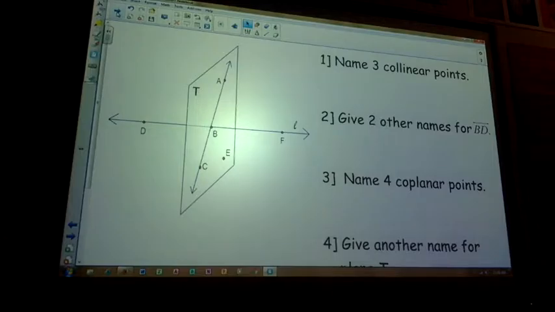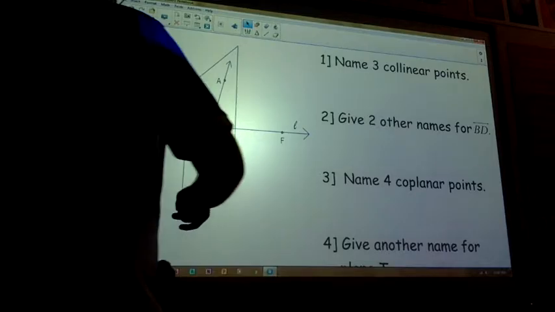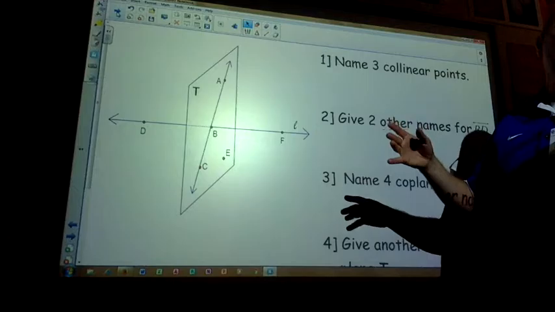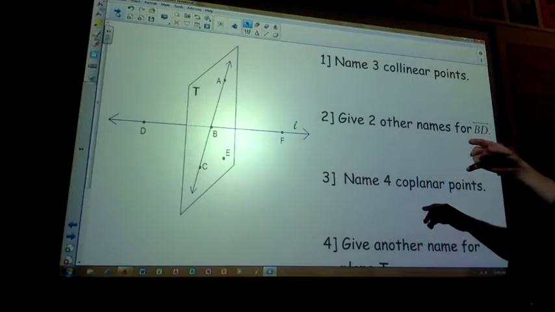It could if I did this, and they're lying on the same plane. So for 3 collinear points, ABC totally works, DBF totally works, or some combination of those letters in that order.